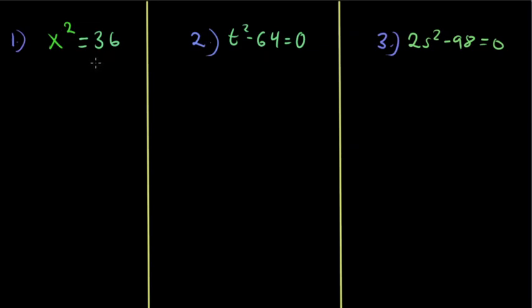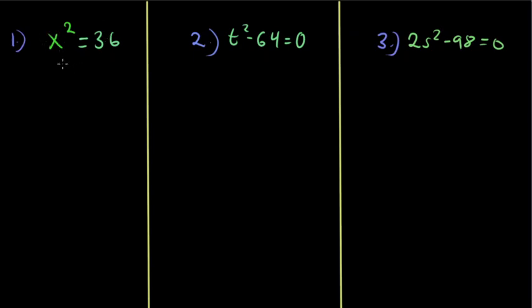So kapag sinabi natin sa math na solve, basically you're looking for an unknown value na madalas naman nire-represent ng variables. So in this example's case, itong variable x. So solving for this quadratic equation also means solving for x. Solving for x also means isolating x on either side of the equation.